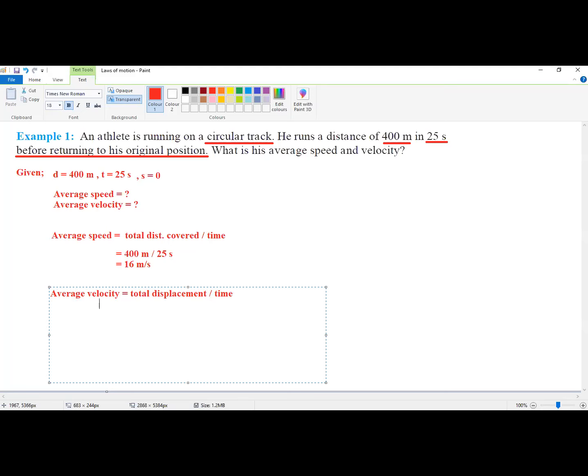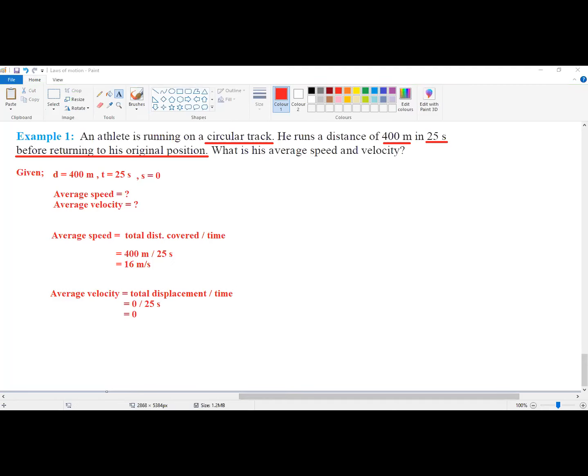But what about displacement? Total displacement is 0. So 0 over 25 seconds comes out to be equal to 0. So the velocity is 0. Understood? Yes, sir. Now next example. Let's take another one.